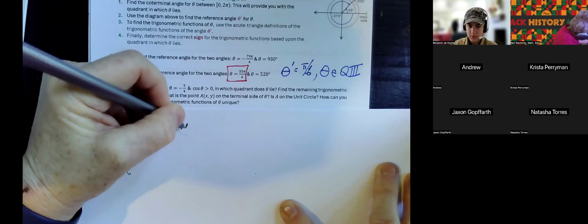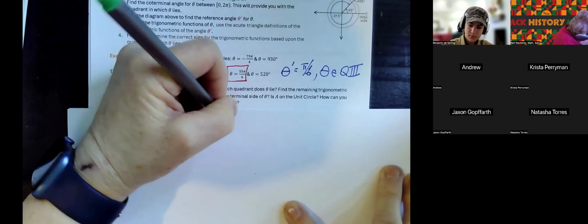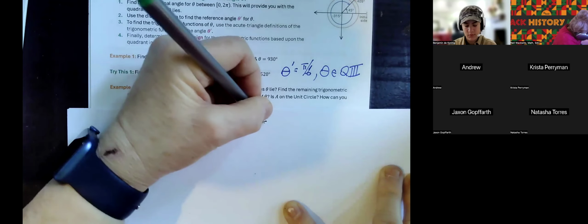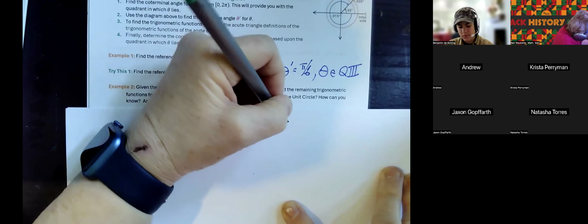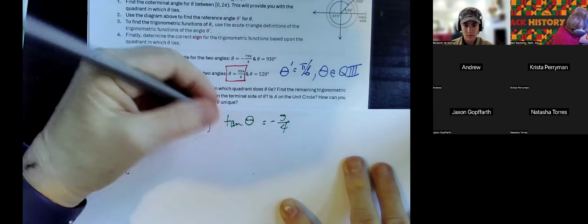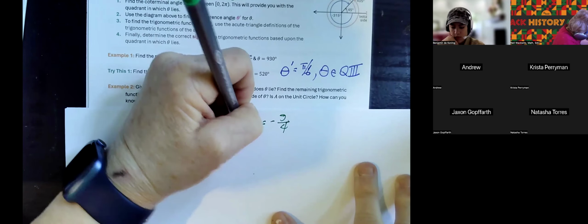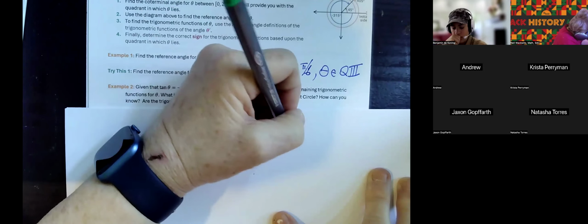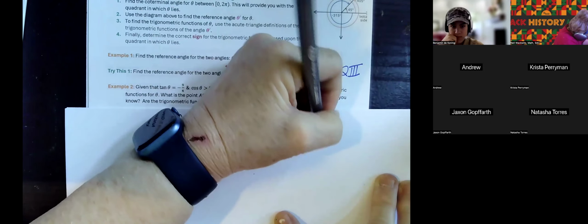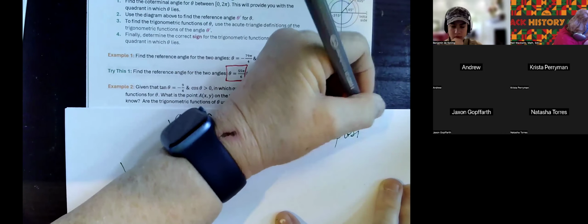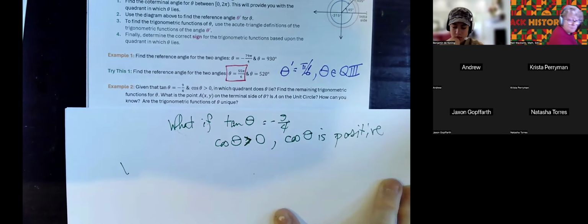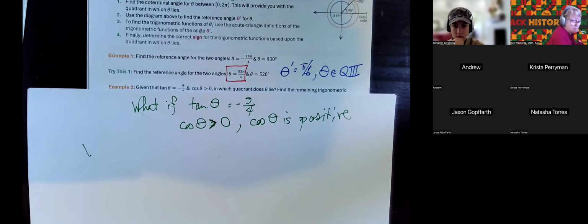What I mean by that is, what if the tangent of the angle is negative 9/4, and we're told that the cosine of that angle is positive? How can I use that information?